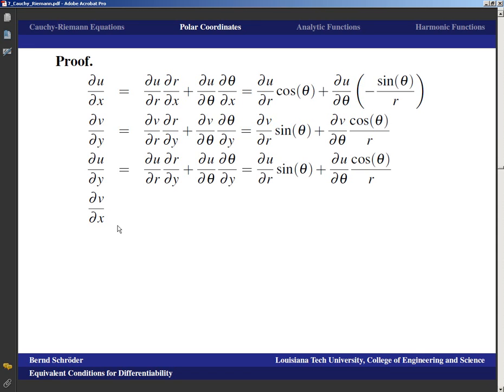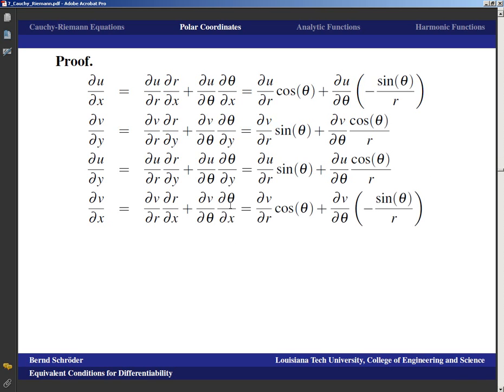Here's one of those situations where you may want to open up the slides as well as the video presentation just so you can do your cross-referencing. And then dv dx, well, that's dv dr, dr dx, dv d theta, d theta dx. dr dx is cosine theta, d theta dx is negative sine theta over r, and that means we've got polar expressions for all the derivatives in the rectangular coordinates. And so now we can prove one direction. We can prove that the polar Cauchy-Riemann equations imply the rectangular Cauchy-Riemann equations.